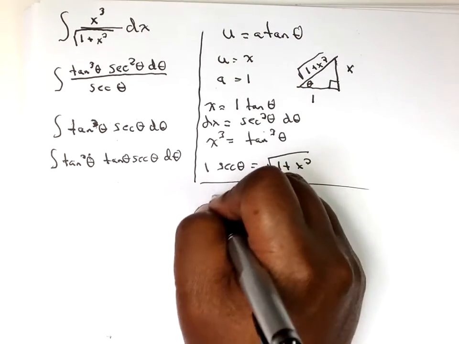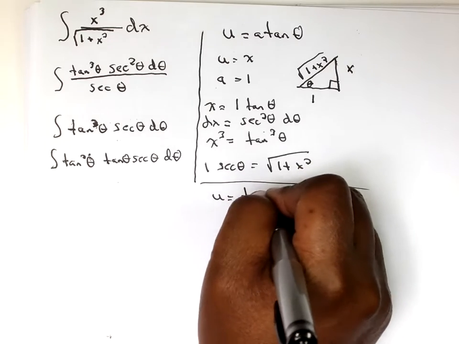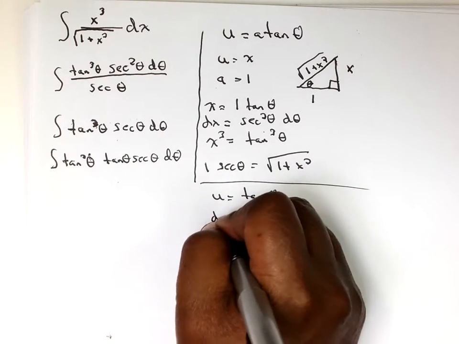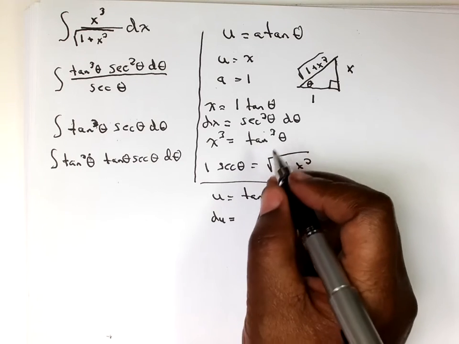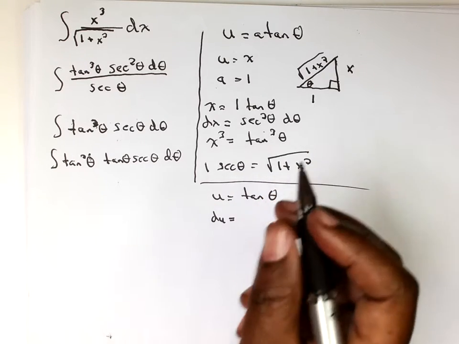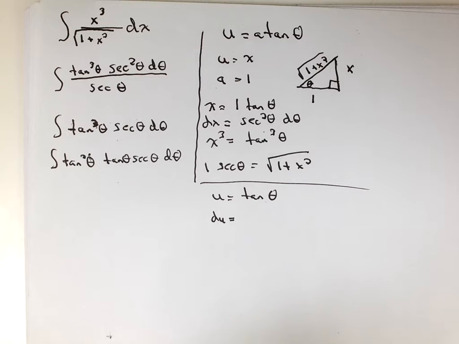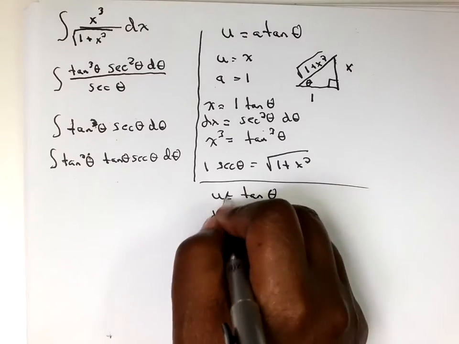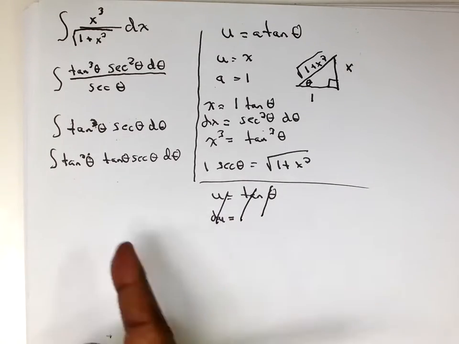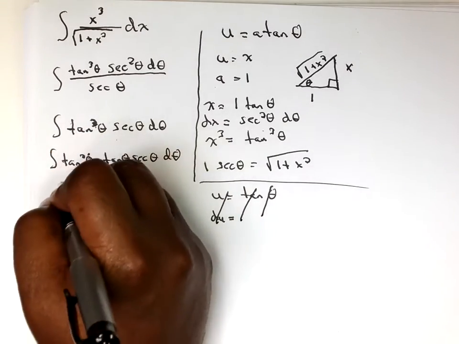So here I can make my u tangent theta, and du is going to be, I'm sorry, I'm still ahead of myself. I can't do it that way. I do want to break this up as tangent squared, but derivative of tangent is secant squared, so that doesn't work. So let me try that again.